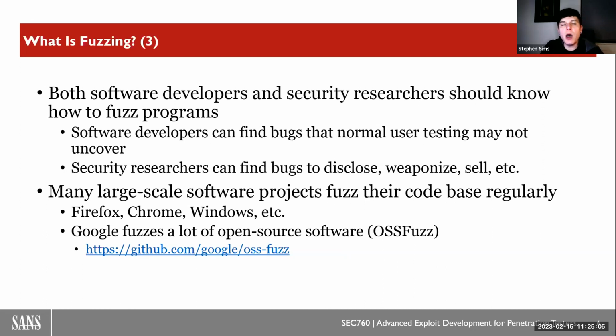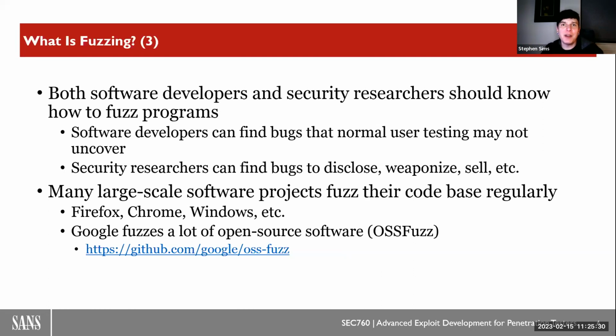So continuing on with what is fuzzing, software developers and security researchers should all know how to do fuzzing. So hackers, or what we consider the bad hackers, the good hackers, like the ethical hackers, software developers, and everyone in between should all know how to do this.